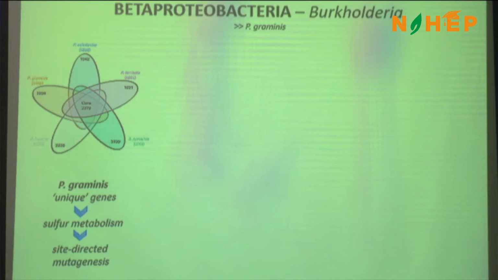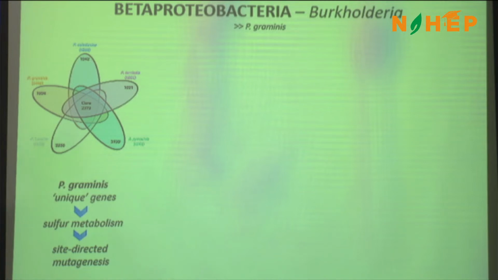Do you know what is the pan? Guillermo will explain in the afternoon, but the pan is all the genes in a given data set. And the core are the genes that are shared among all our bacteria. Okay? So we did a pan-core genome analysis.